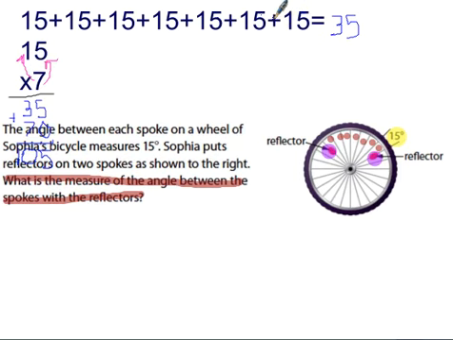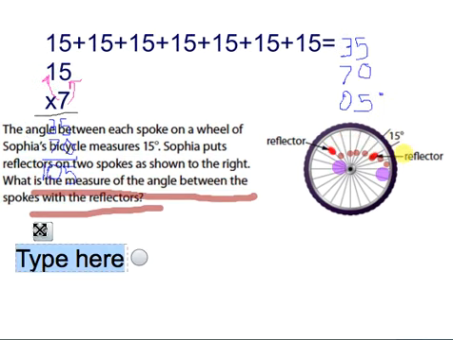So this would be 10, 20, 30, 40, 50, 60, 70. And we add together our partial sums. 5 plus 0, 5. 7 plus 3, 10. So doing our math, we know that it is 105 degrees.